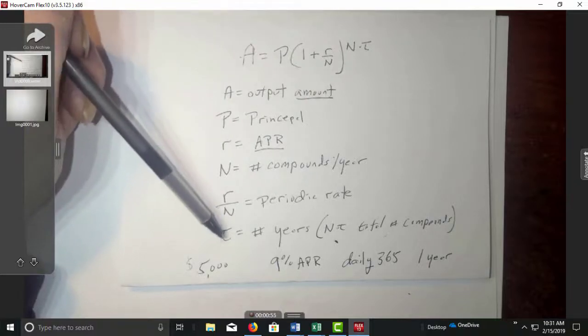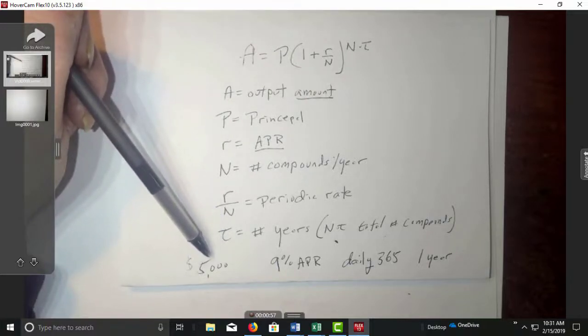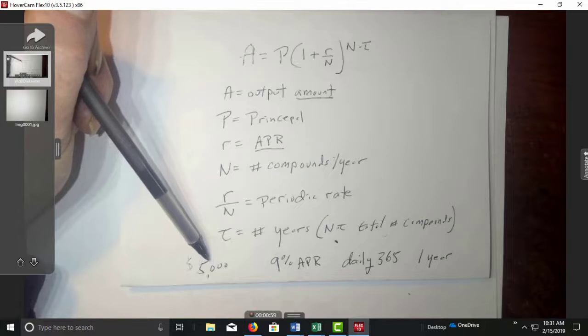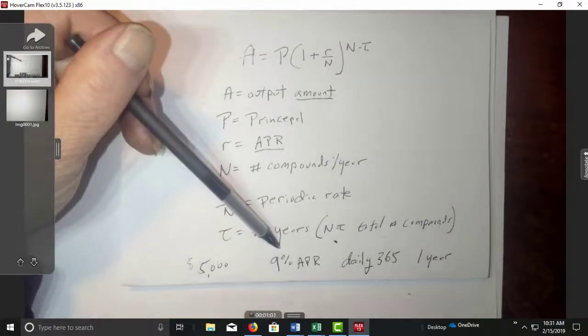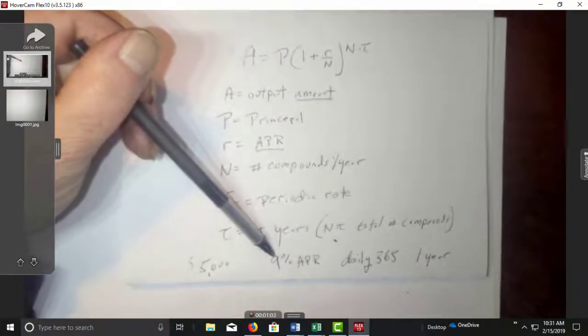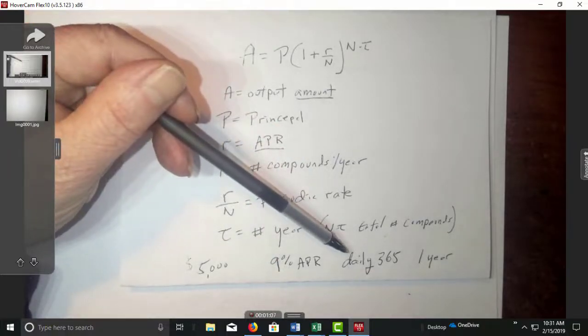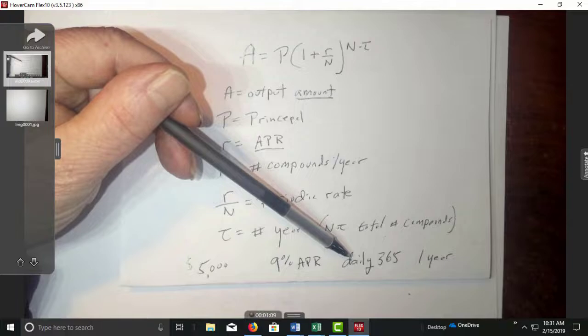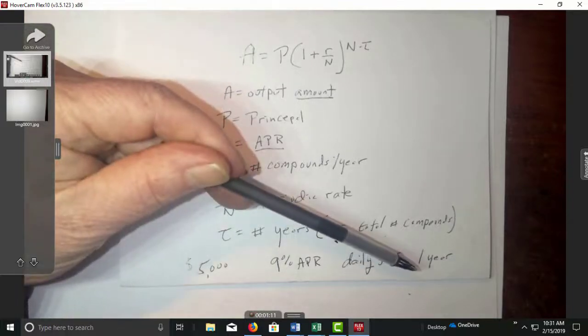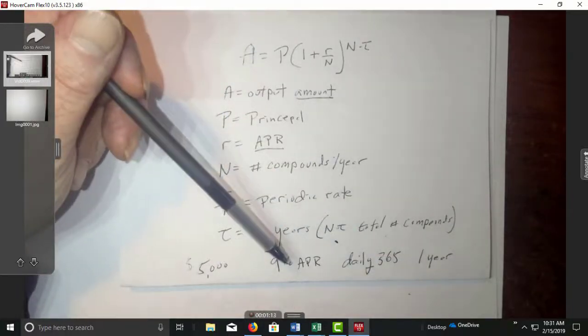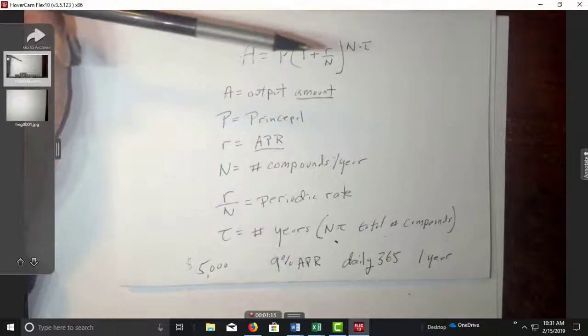So the information that we're going to use for this particular example is a $5,000 principal, a 9% annual percentage rate, 365, this is daily, so there's going to be 365 separate compounds for 1 year. Now this information, I'm just going to plug it into the formula.